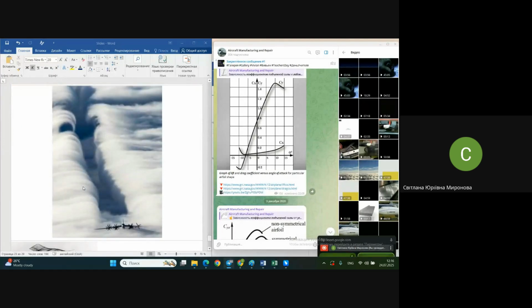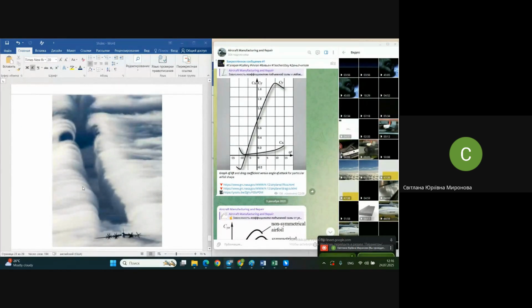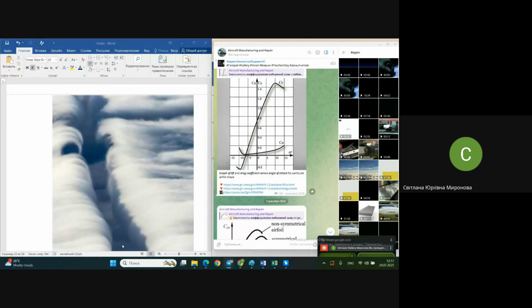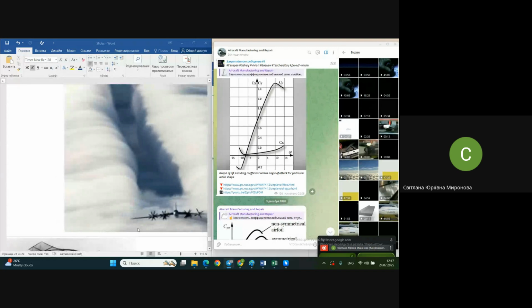One more really effective photo, just to see this effect. You see an airplane passed through the clouds, and look what it did to the clouds. Seems like it's one of the so-called strategic bombers. I'm not sure. Maybe it's a Tupolev airplane.